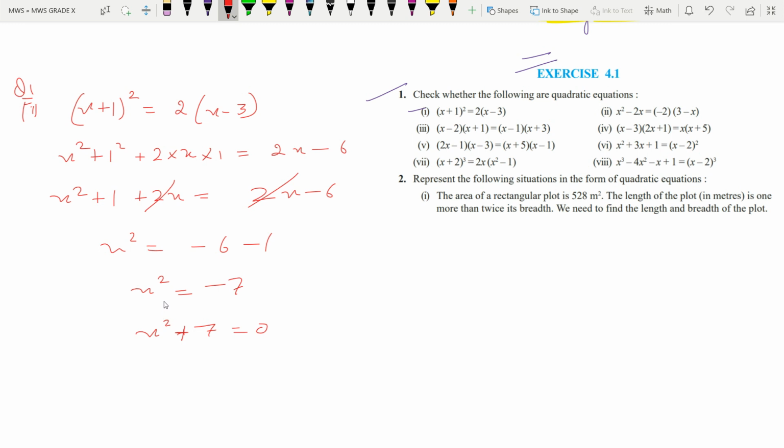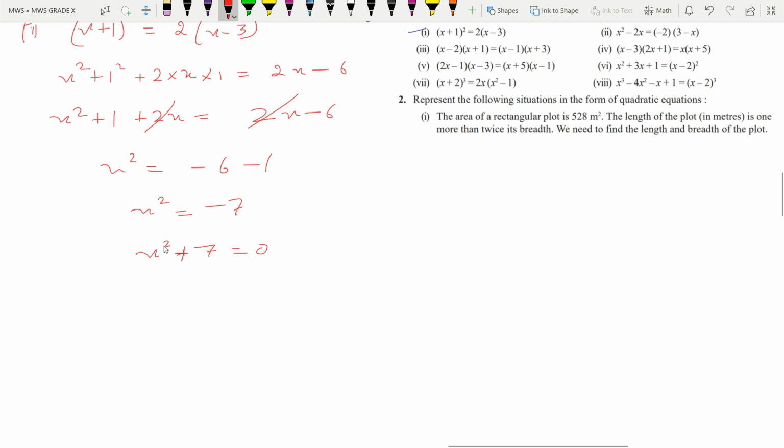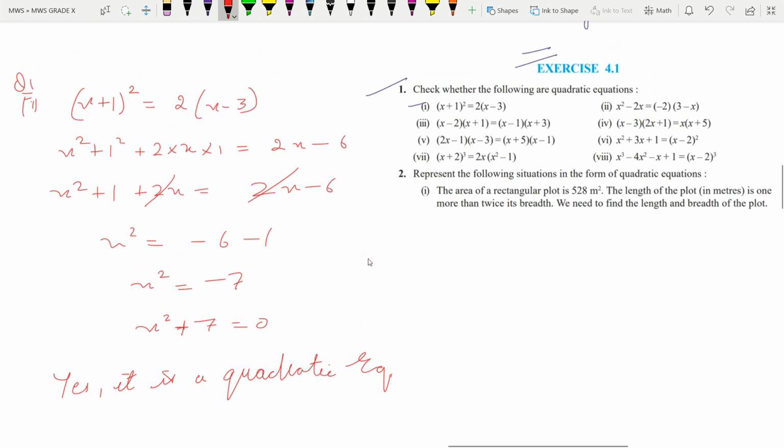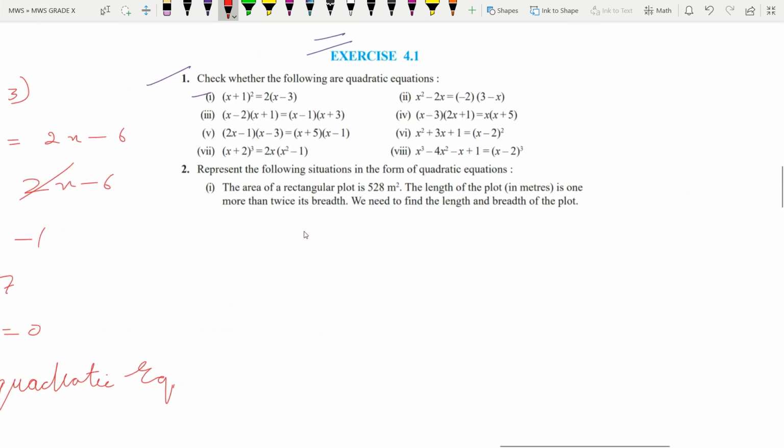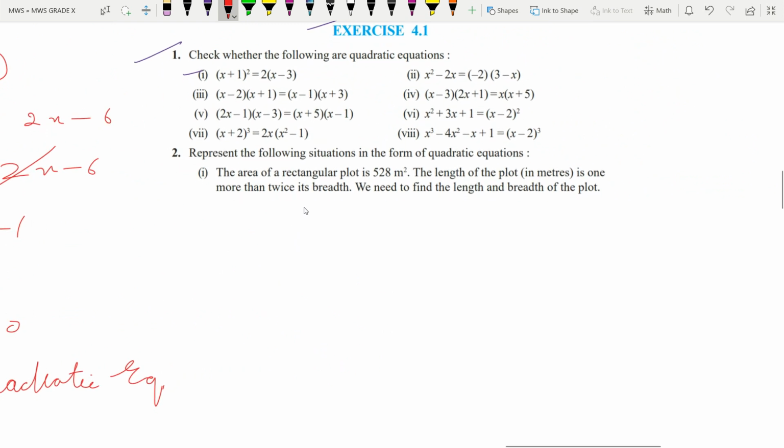Means the requirement is that there should be a presence of degree 2. So here we have the variable with power 2, so that's why it is a quadratic equation. This is done. Now let us move on to other parts.